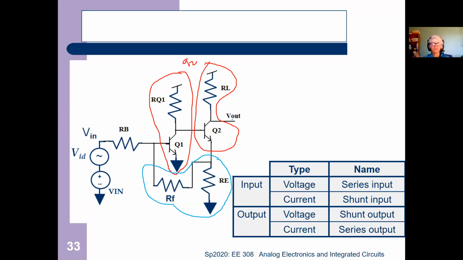Is V out on the same node as the input to the feedback block? No, so that has to be series. You have to go through a transistor to get to it. What about the input? Is the input to the circuit on the same node as the output of the feedback block? Yes, so this has to be a shunt.